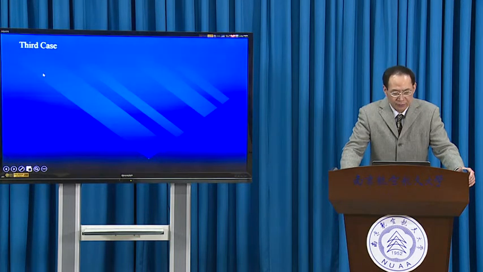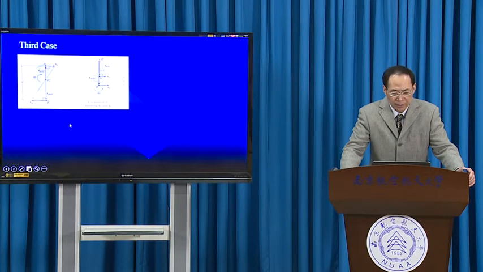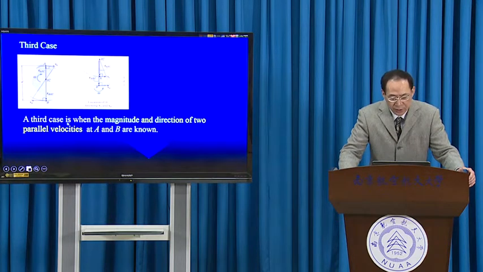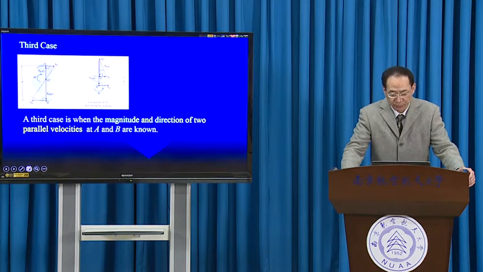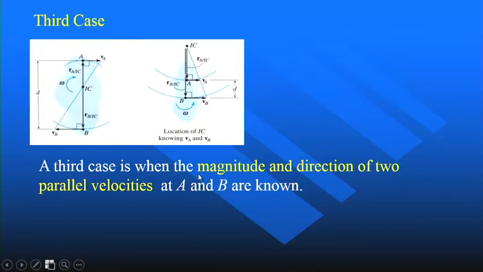The third case is when the magnitude and direction of two parallel velocities at A and B are known. So the conditions are different. Here, the two velocities, both magnitude and direction, are known at A and B, but the two velocities are parallel.